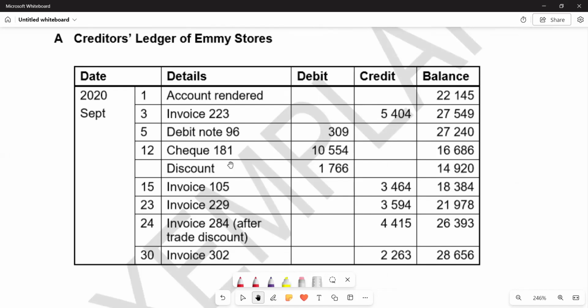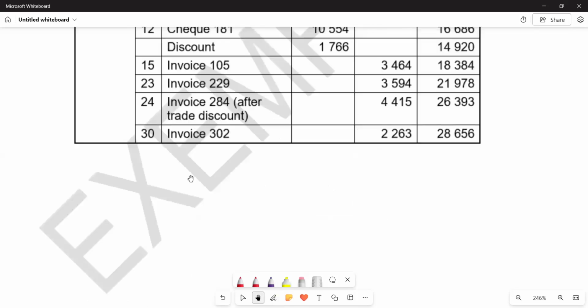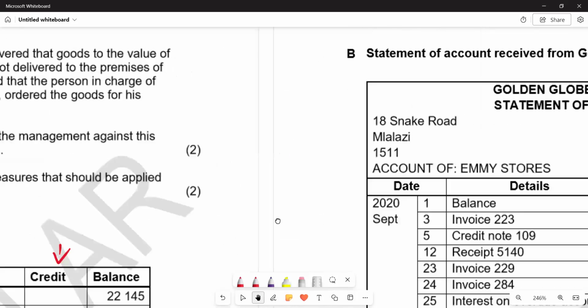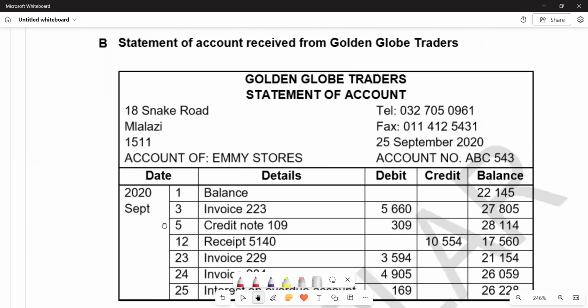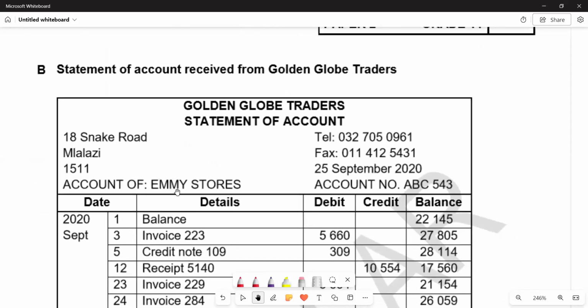So we are going to see that the transactions that are on the credit side are representing credit purchases, and then these transactions, we see them on the debit side of the creditors statement. So this is our creditor statement that we are having. Statement of account received from Golden Globe Traders.